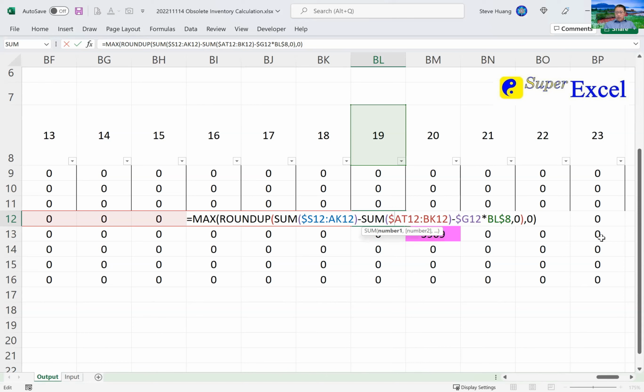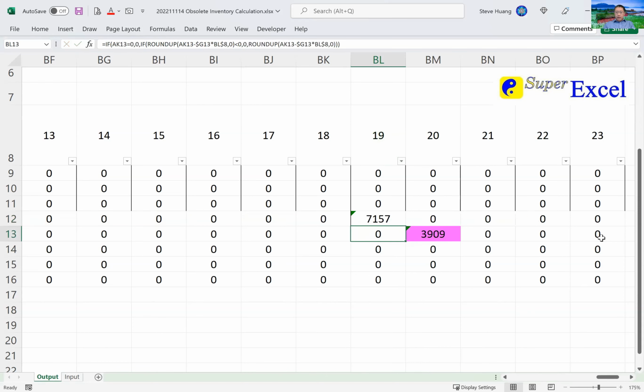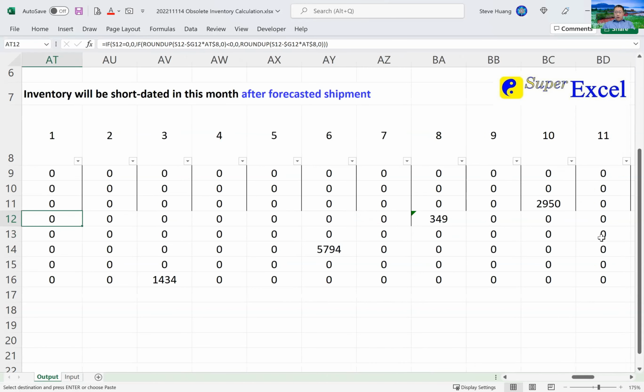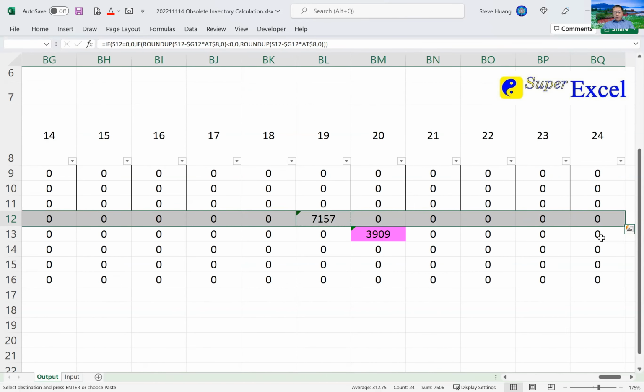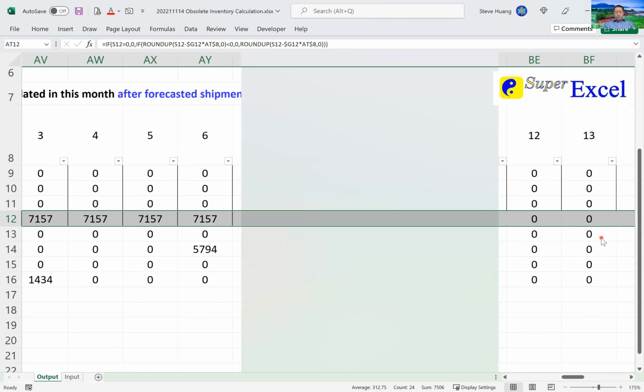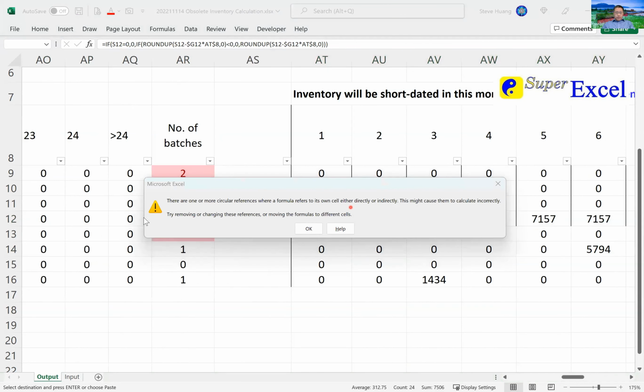So enter. Now I'm going to copy the formula from month 1 all the way to month 24. And we are going to have problems. The problem is there is a circular reference. A circular reference means you have a formula where the input is the formula cell itself. So let's look at what happened.